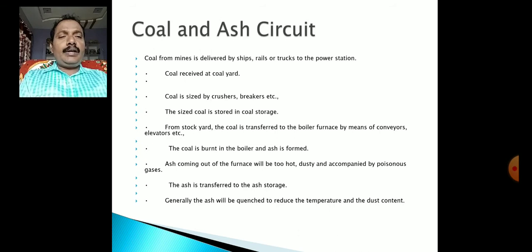Finally the ash is transferred to the ash storage. Generally the ash will be quenched to reduce the temperature and the dust content. So at the place of ash storage, its temperature is brought down and dust content is also brought down. So this is the coal and ash circuit that we have seen clearly in the two diagrams.